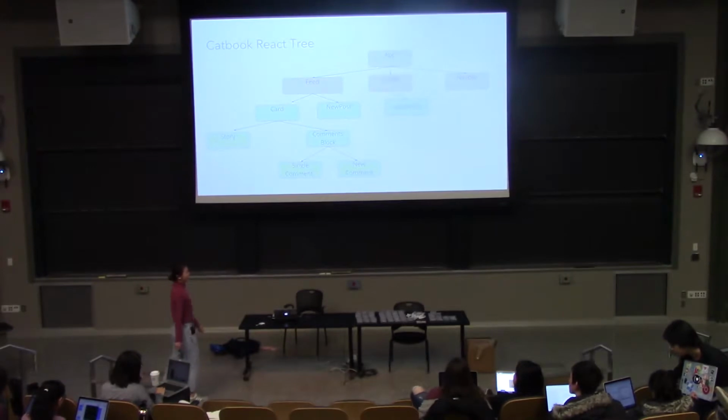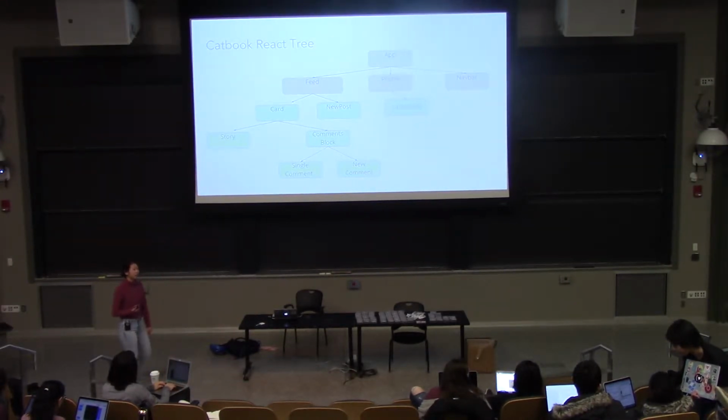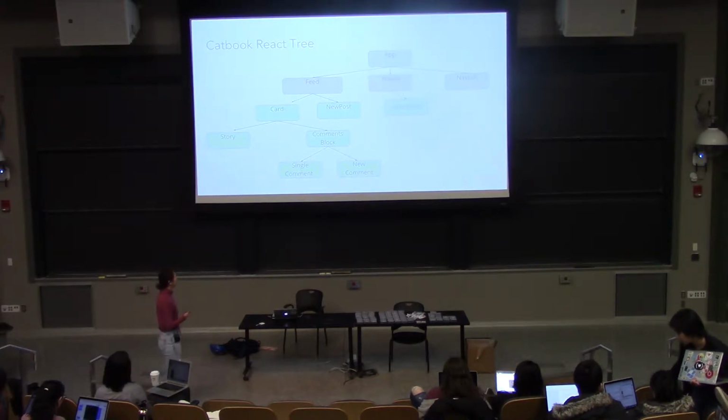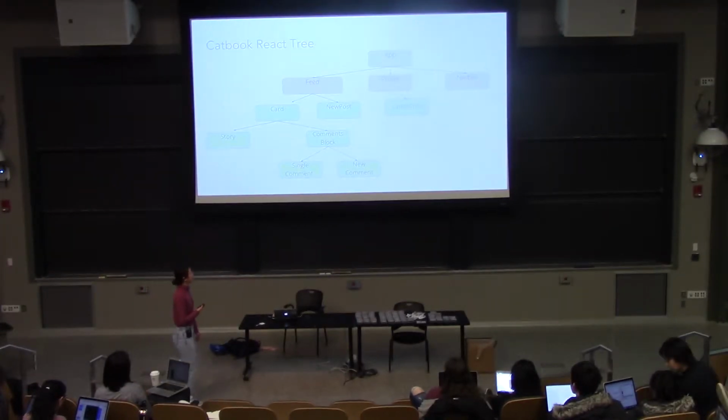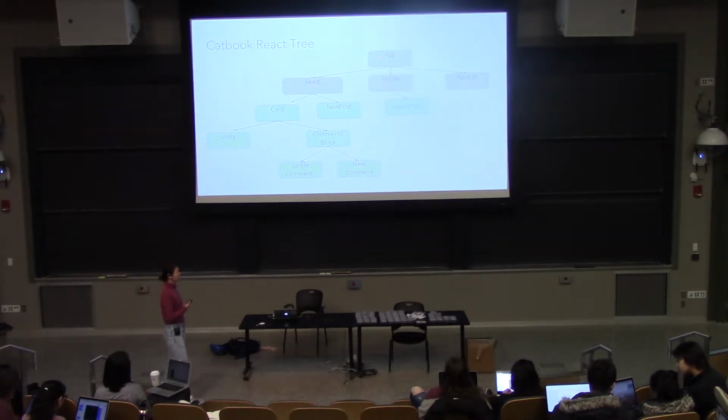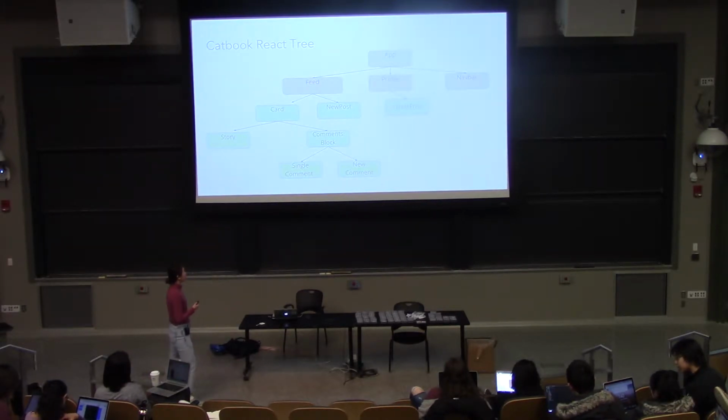Cool. So if you remember, these are the components we have in React, and this is similar to what you'll see in the non-React version. You have feed. Remember we had an index.html file? That's one of the pages we have in Catbook. You have profile, similar to profile.html. We have a nav bar that's always shown, and that's why it's here.